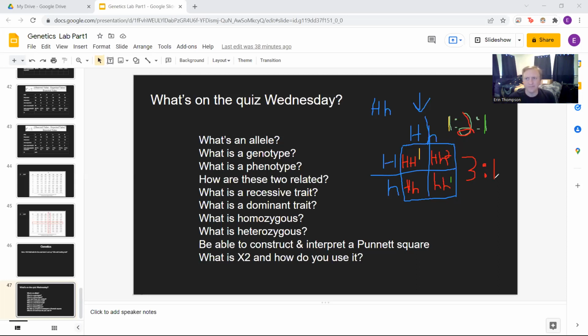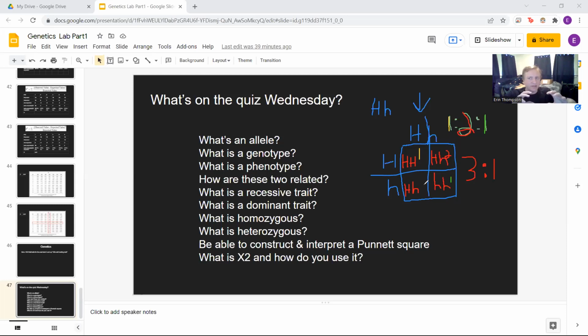Where did I get 3 from? That's exactly right, because 3 of the 4 offspring in this case have an extra finger. Okay, so our ratio is 3 to 1.